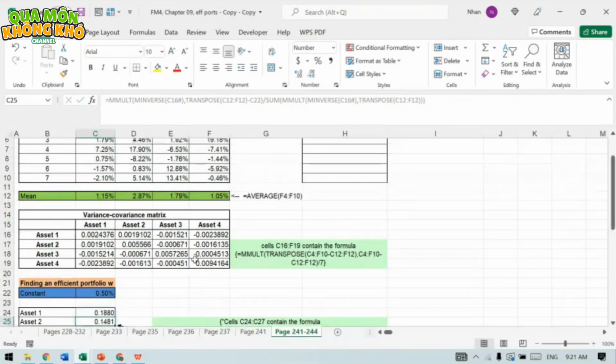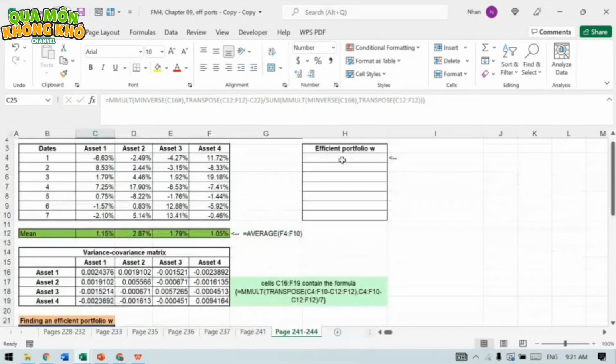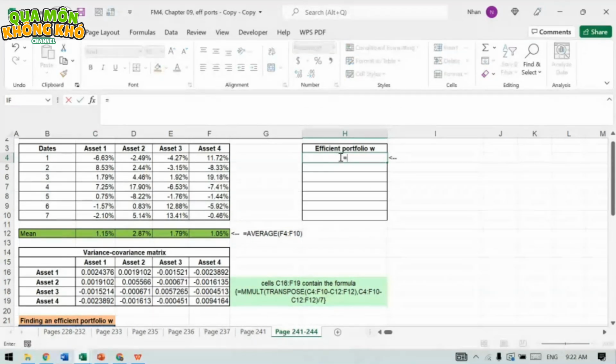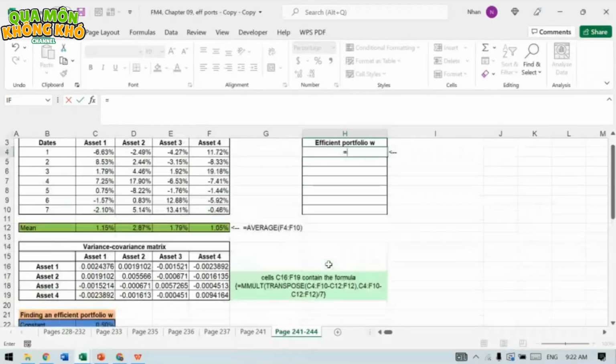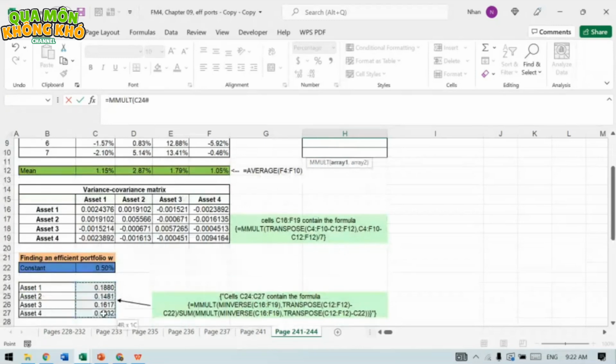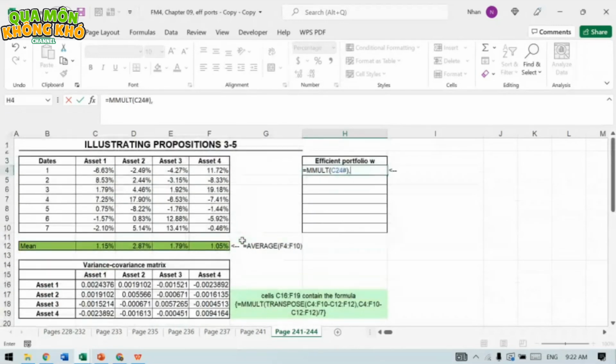So when I have the proportion, I will find the return of the efficient portfolio W in each day. So I just use the MMULT function. I have it here and here.